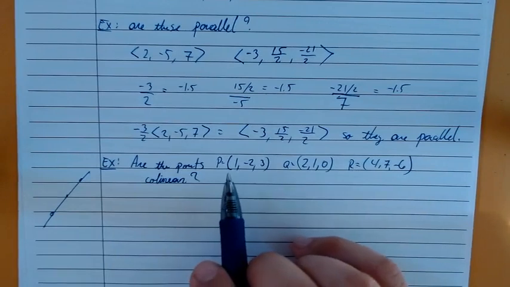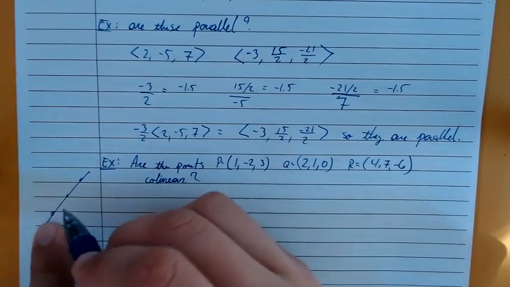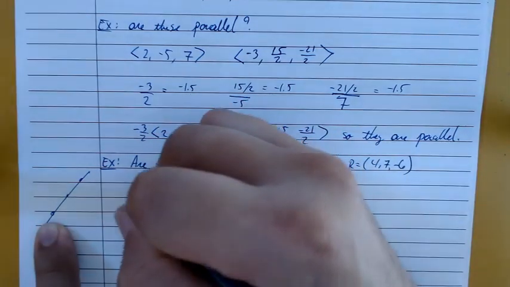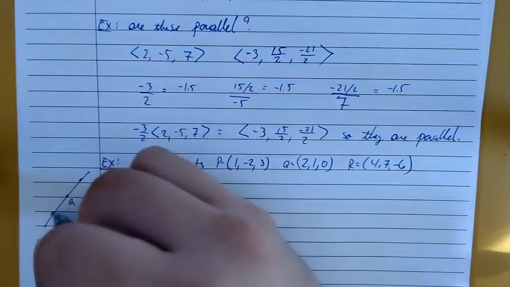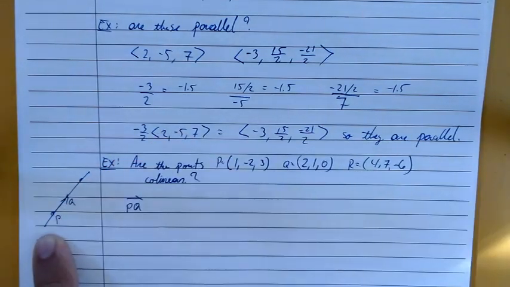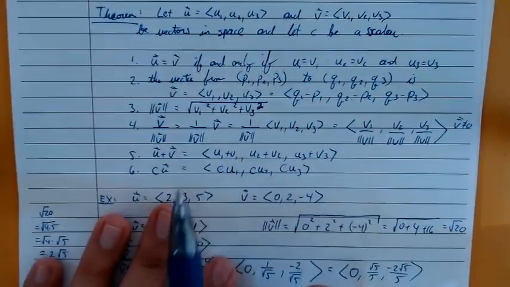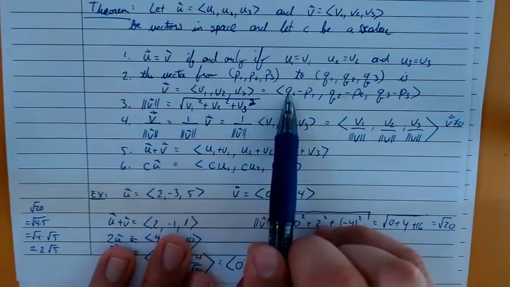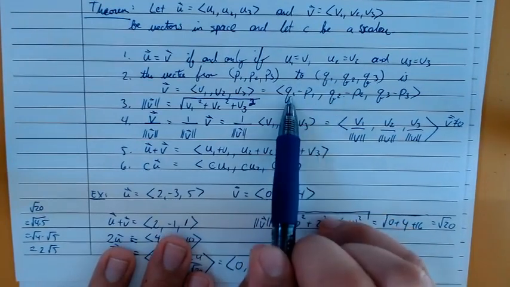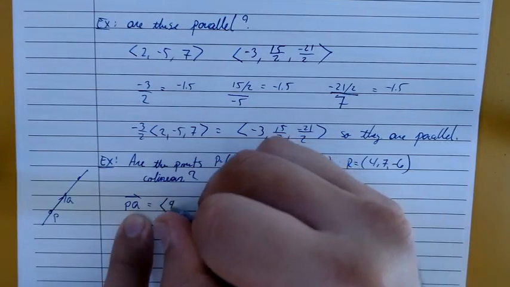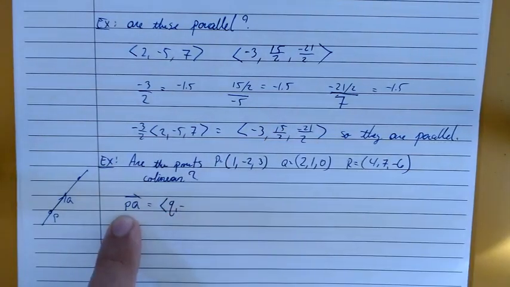All right. First of all, let me find a vector from P to Q. So let's say this is P and this is Q, right? I'm trying to find this vector here. Okay, well, I know how to find the vector between two endpoints. From my previous definition over here, to find a vector, I subtract the end component minus the initial component. So I take my end component, I'm going to end at Q, minus, I'm going to subtract away my initial component.